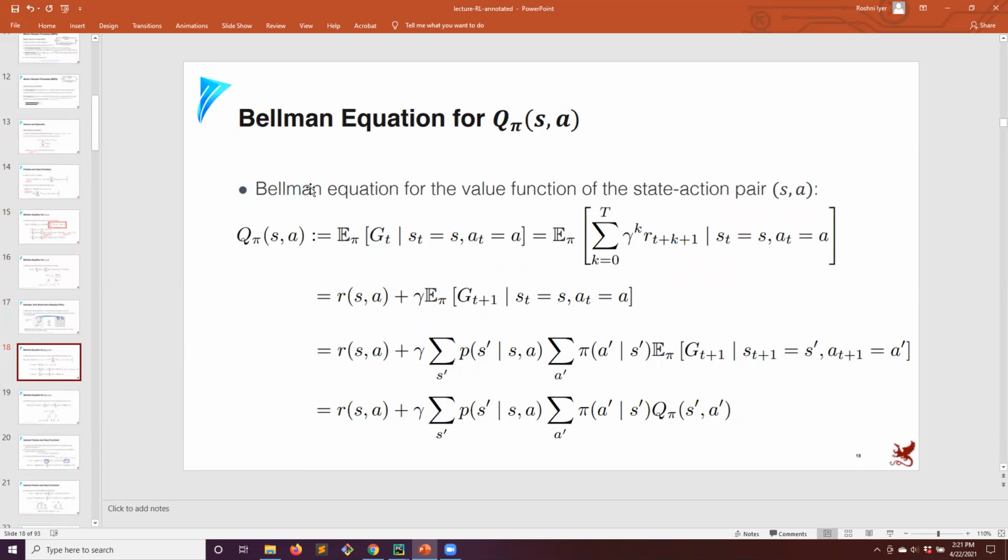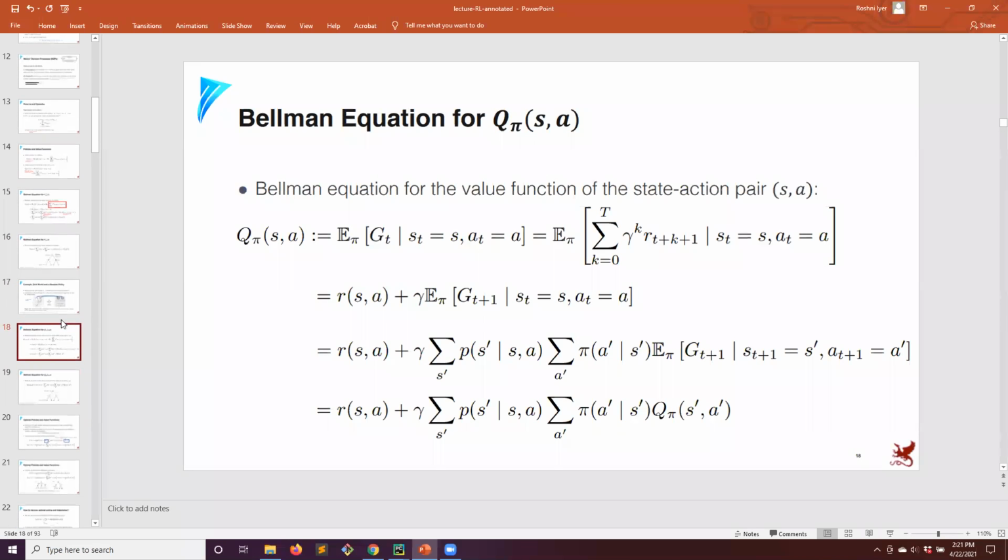Okay, so let's talk about the Q function now, given that we just looked at the V function. Again, it's the cumulative reward of the state given that we take some action A. And we represented it like this from the previous slide.